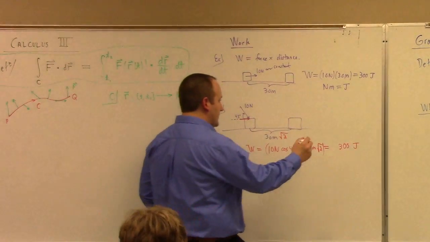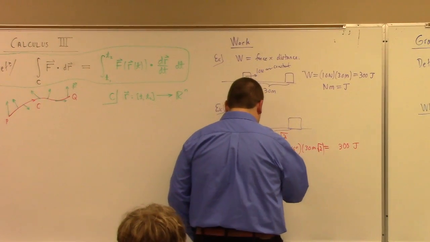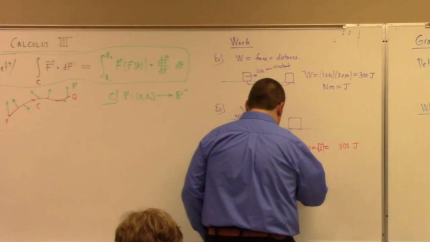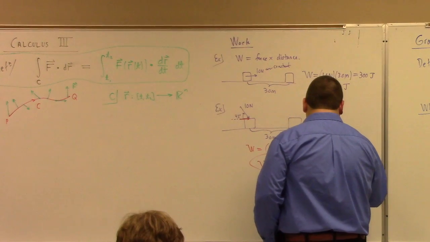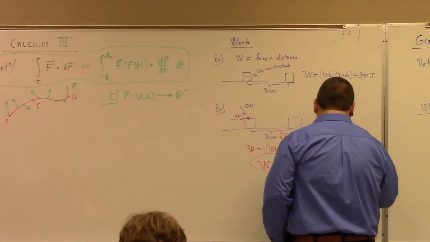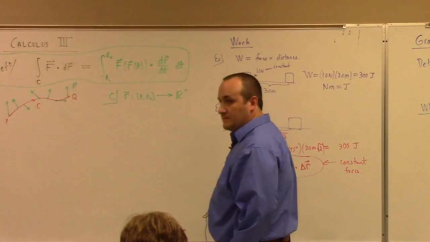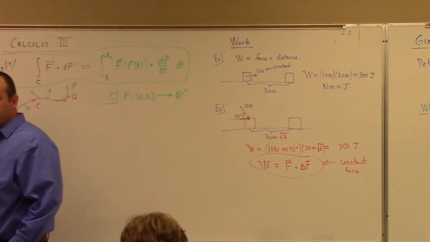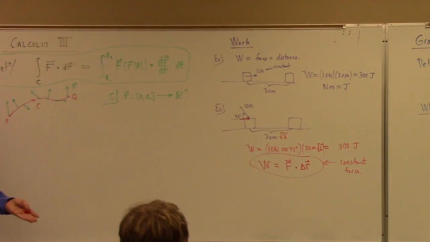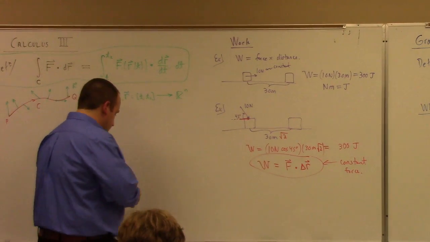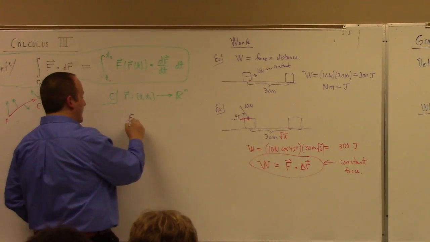The larger point here is we could say that the work is equal to the force dot the displacement. So this is for constant force, again, is the assumption. The next level of sophistication you may have been exposed to, although it hasn't happened in my calc 2, would be work done by a variable force over one dimension, like the spring force.